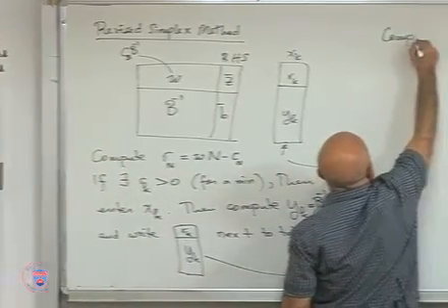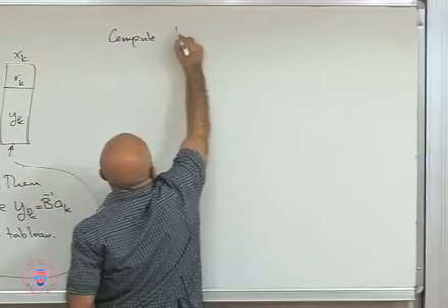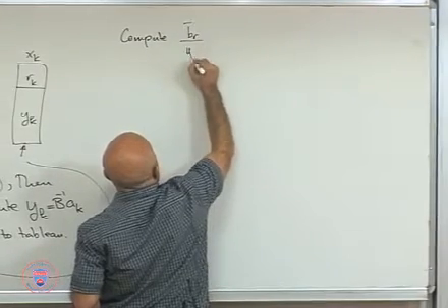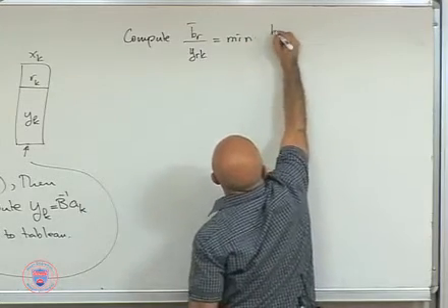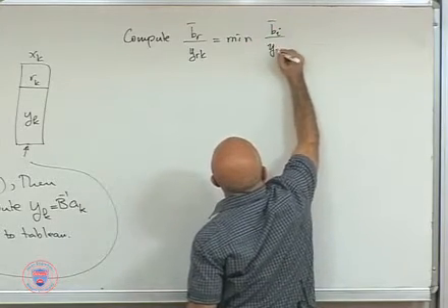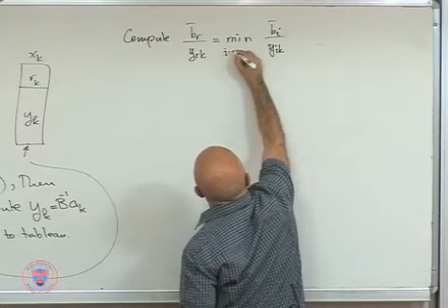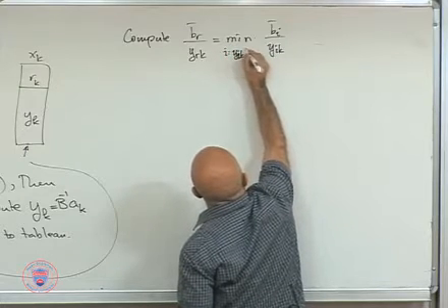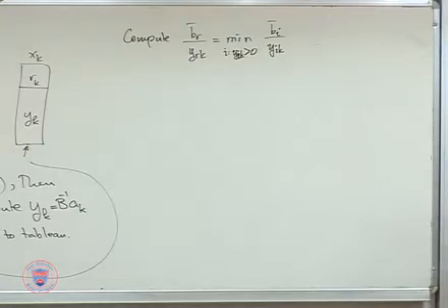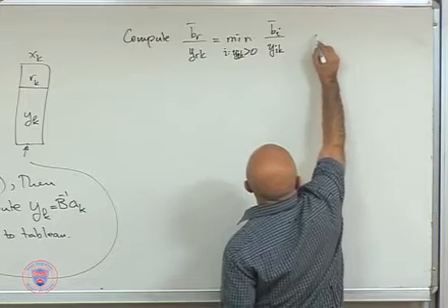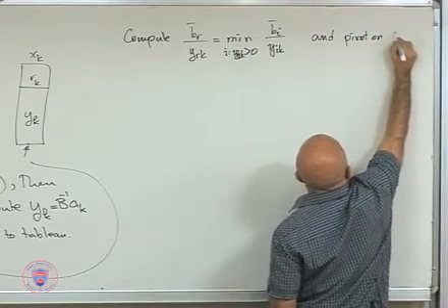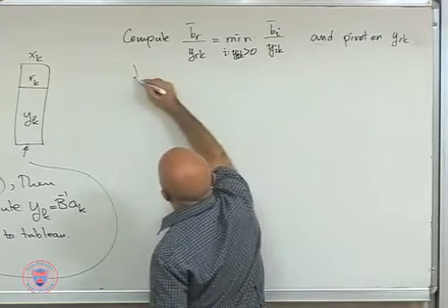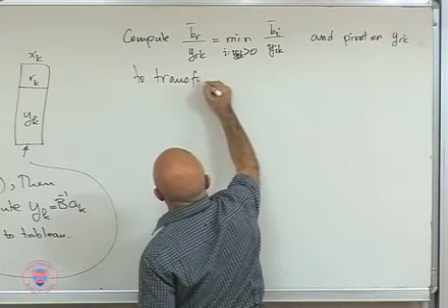So compute the minimum ratio using the column yk, using the positive yik, and pivot on yrk to transform the tableau.